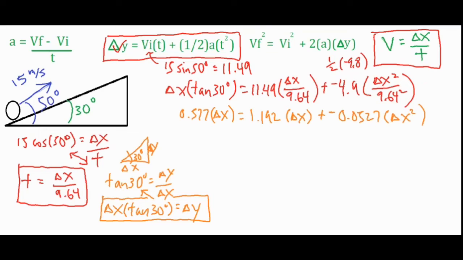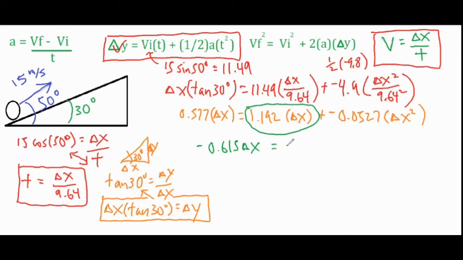So now we can combine some like components over here. We can subtract this from both sides, which is basically just subtracting this coefficient by this coefficient over here. And that would leave us with negative 0.615 delta x on this side.